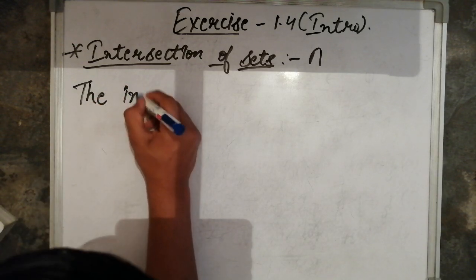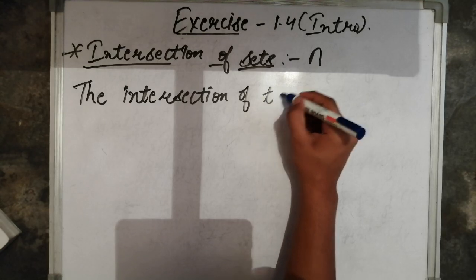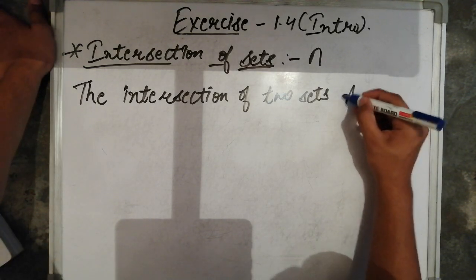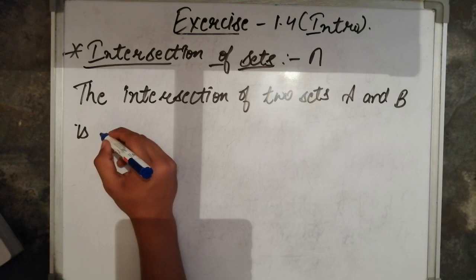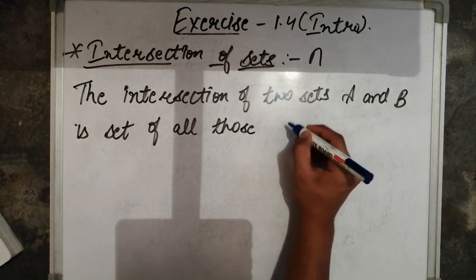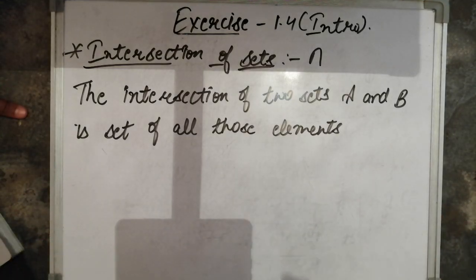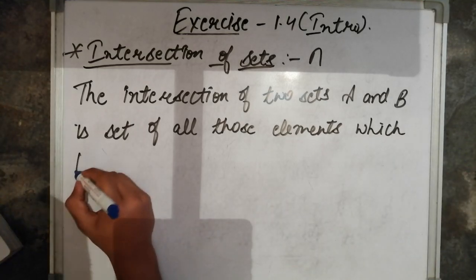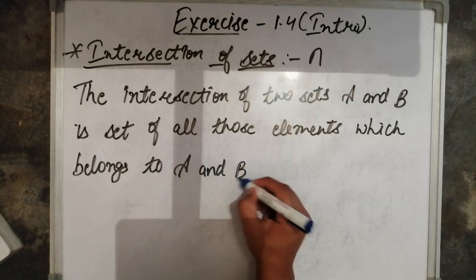the intersection of two sets A and B is the set of all those elements which belong to A and B set.